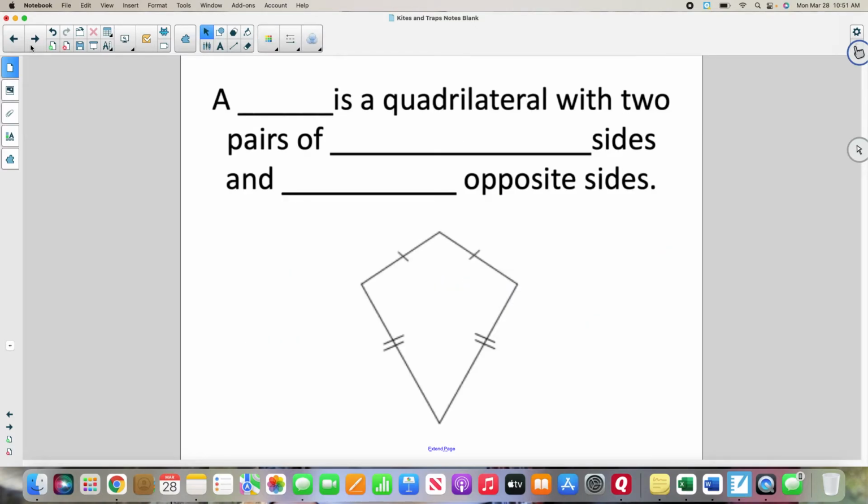Let's go to this next shape, which is a kite.